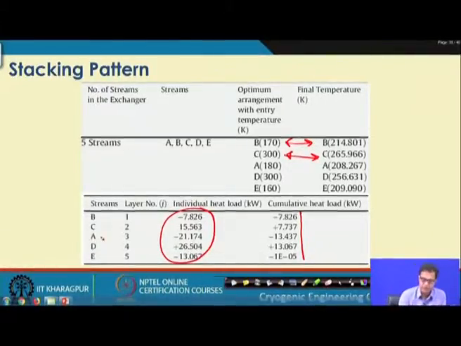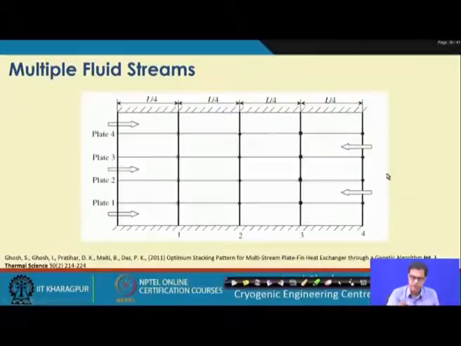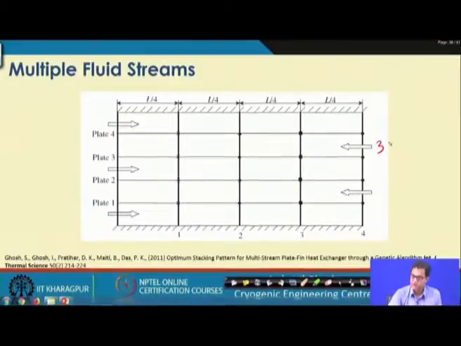So, if we go back to our earlier slide, we have seen that there are 5 fluid streams, out of which one is at 300 and this is 300.